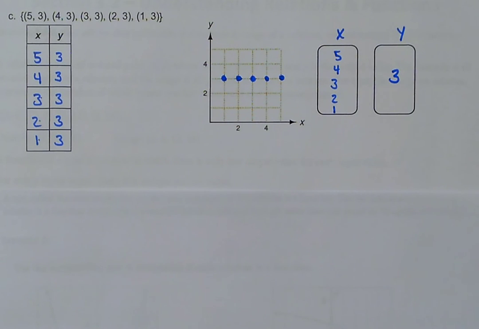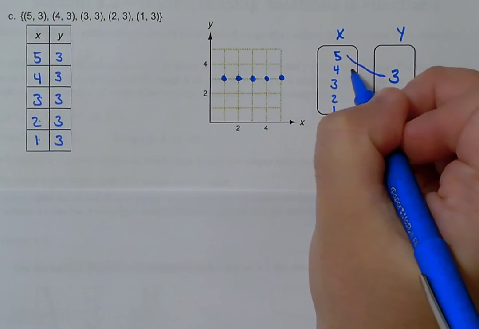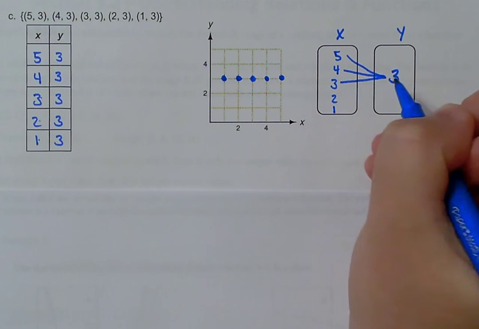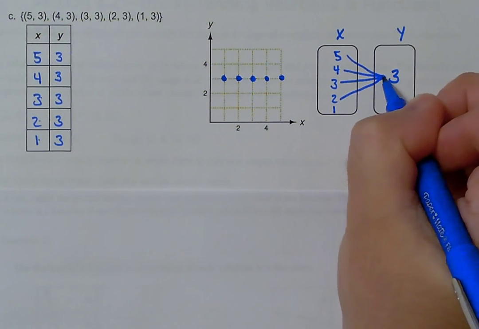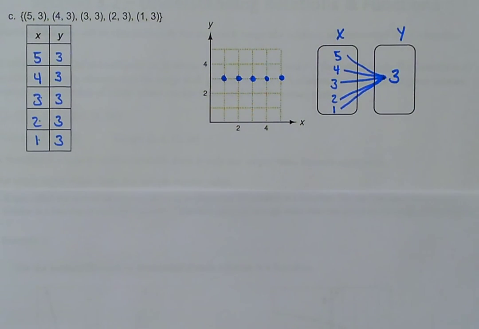Again, I have to draw arrows going from the left side, my x, to its corresponding part on the right, the y. So 5 corresponds with 3, 4 corresponds with 3, 3 corresponds with 3, 2 corresponds with 3, and 1 also corresponds with 3. So that is my mapping diagram for this relation.